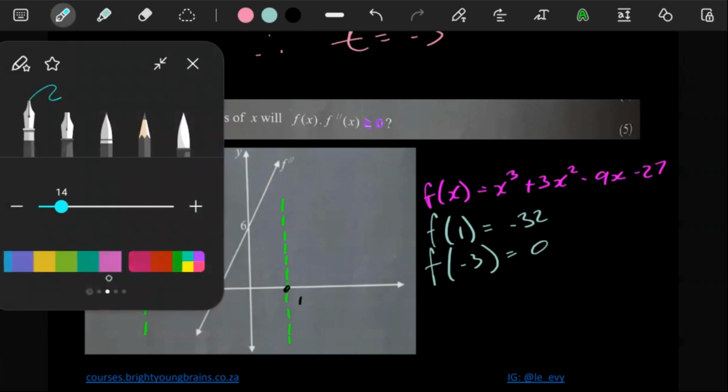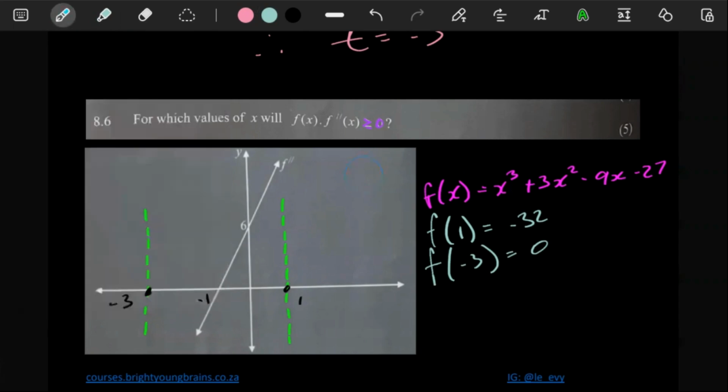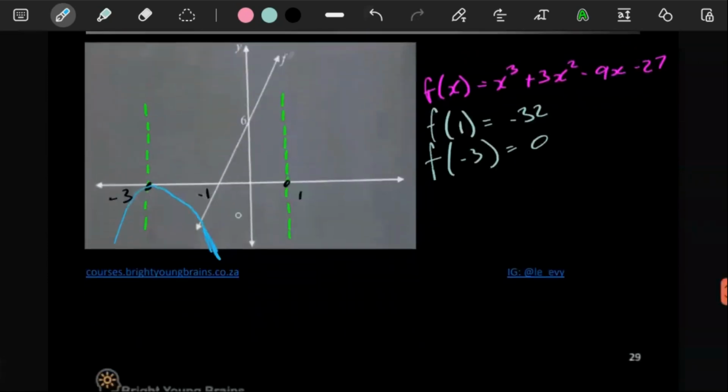Because the x value is -3 and the y value is 0, it means this graph goes up and then down, and then somewhere at -1 it's going to start making its comeback until at -32 it's going to turn and go up like that.